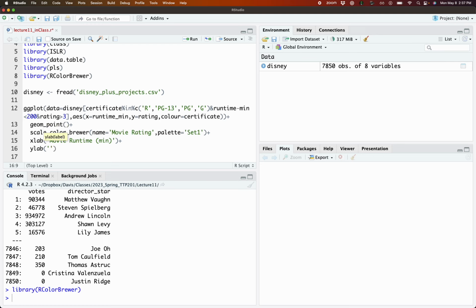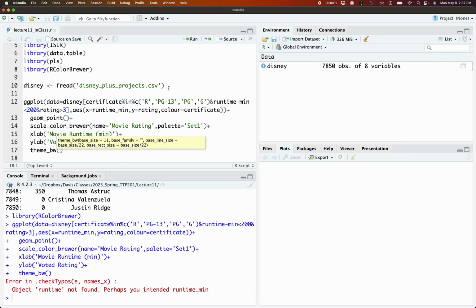Y-axis will be voted rating. And that should be it. Oh, which should be runtime underscore min in the first line. Yep. Thank you.